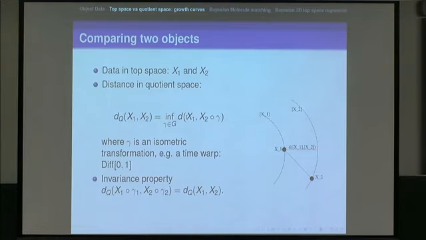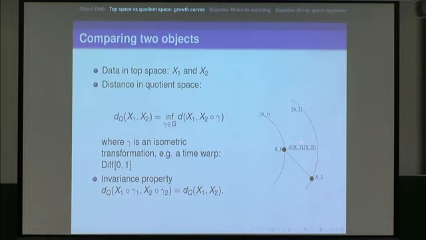And in a quotient space, if we want to look at the distance between two shapes, between two objects where we have these equivalence classes, imagine it as a warped function along here. The distance between any two functions will be smallest once I've warped them to be as close as possible.